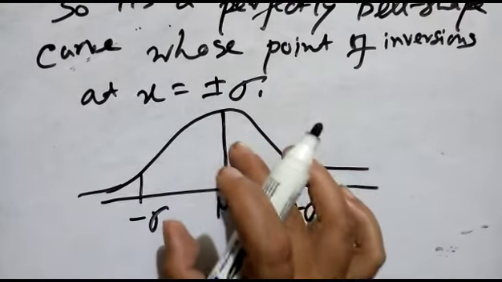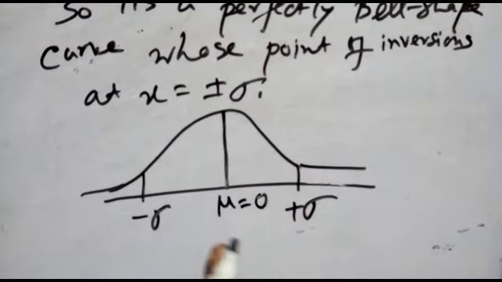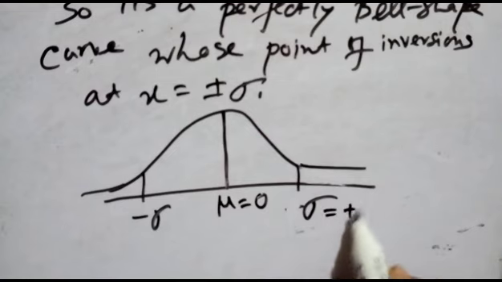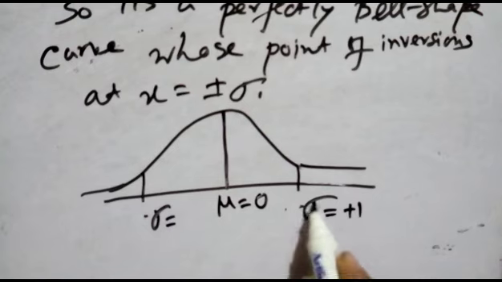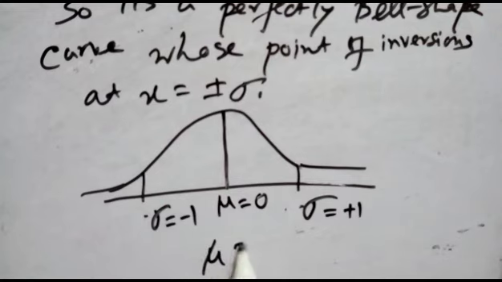Mu is the mean of the distribution, so mean is always 0. If you consider sigma equal to plus 1 and minus 1, then mu equals minus 1 plus 1 by 2, that means 0.